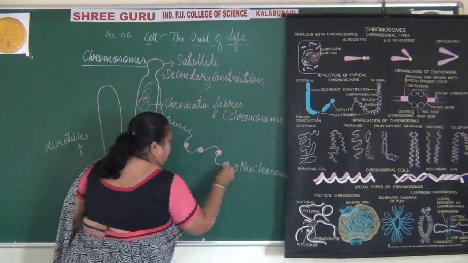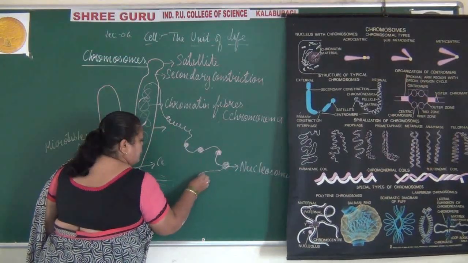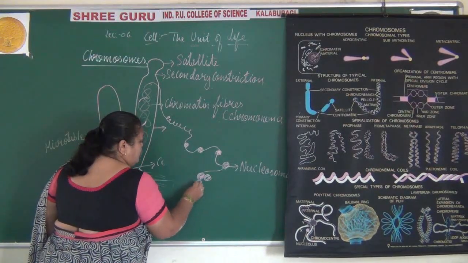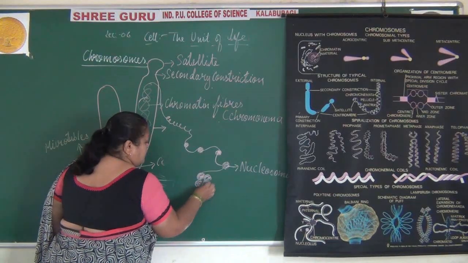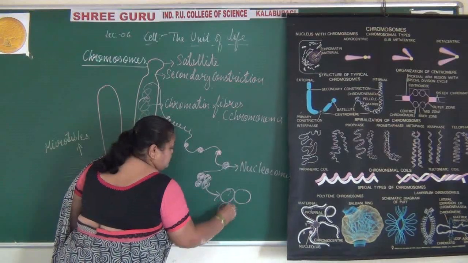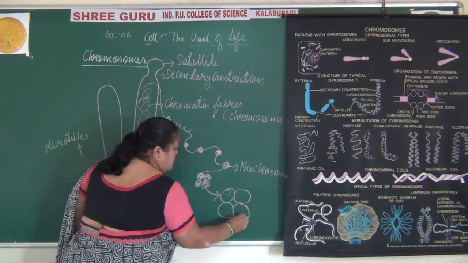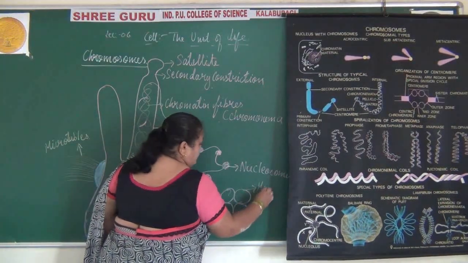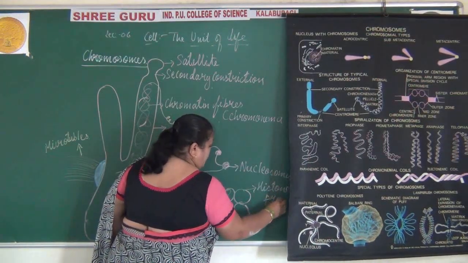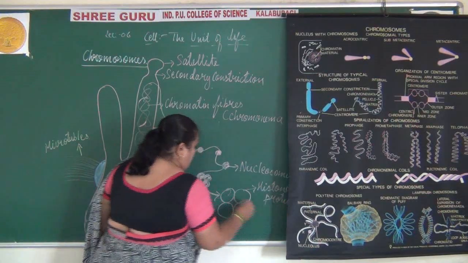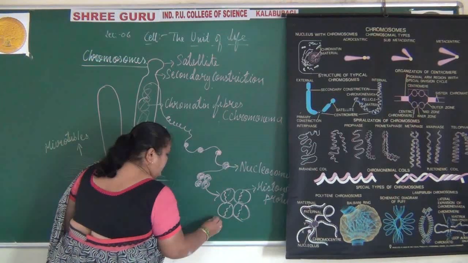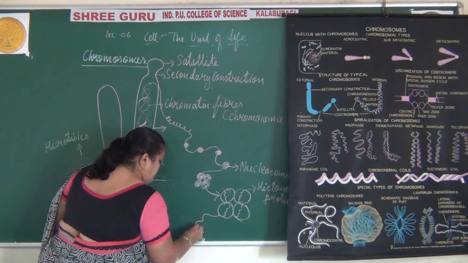In the chromatin network, there are coiled structures known as nucleosomes, which on expansion show the histone protein on which the DNA is wrapped.